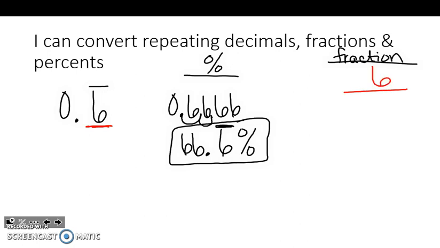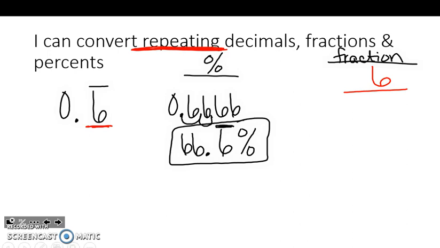So since we only have 1 repeating digit, that's the only digit we're going to put on top of our fraction bar. Now yesterday, when we were doing terminating decimals, we used 0s on the bottom. We put a 1 and then we put 0s. But when it's a repeating decimal, your denominator is going to be made up of 9s.